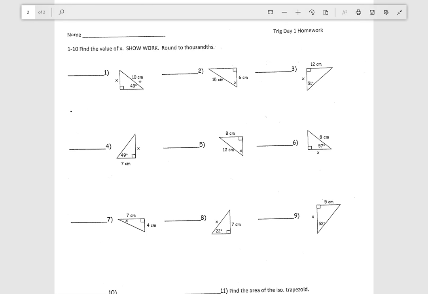You can start off by finding the angle that you care about. I care about the 43 degrees because it was given to me. You can then start labeling your sides: hypotenuse, adjacent, opposite. Now again, I don't need all three sides because I'm only going to relate two sides and an angle. So SOHCAHTOA is going to help me decide what relationship I should choose.